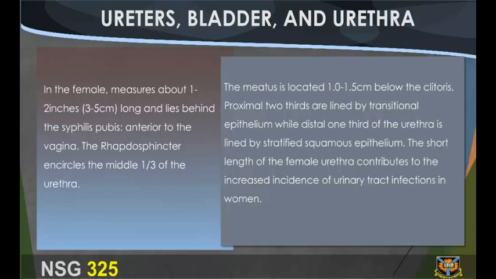The proximal two thirds are lined by transitional epithelium, while the distal third of the urethra is lined by stratified squamous epithelium. The short length of the female urethra contributes to the increased incidence of urinary tract infections in women.